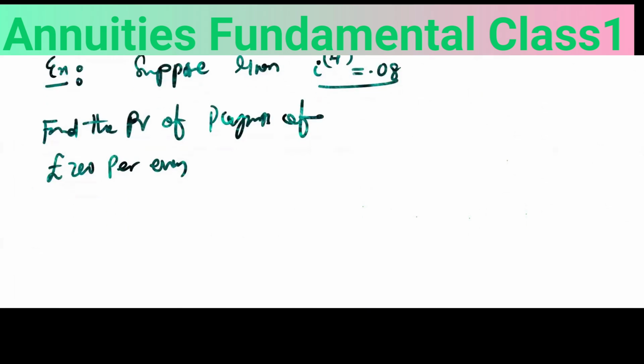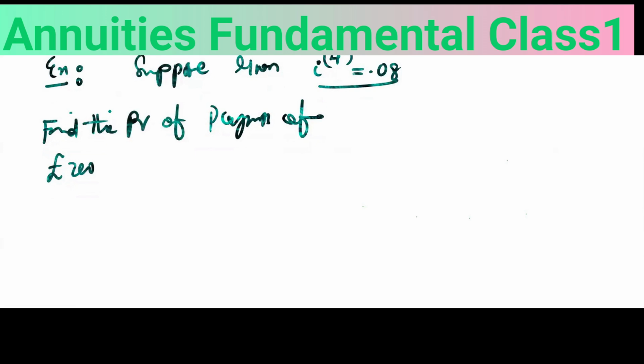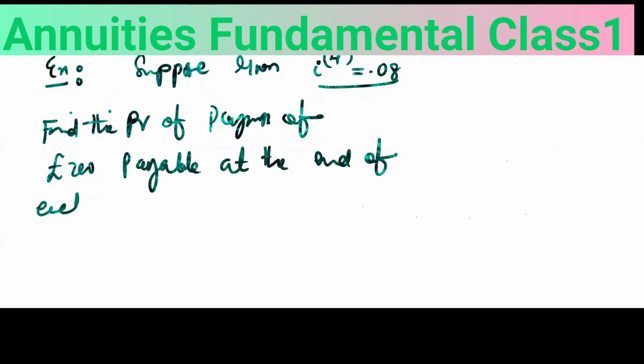Okay, suppose this is the question. Find the present value of payments of 200 payable at the end of each 2 years, for 10 years.